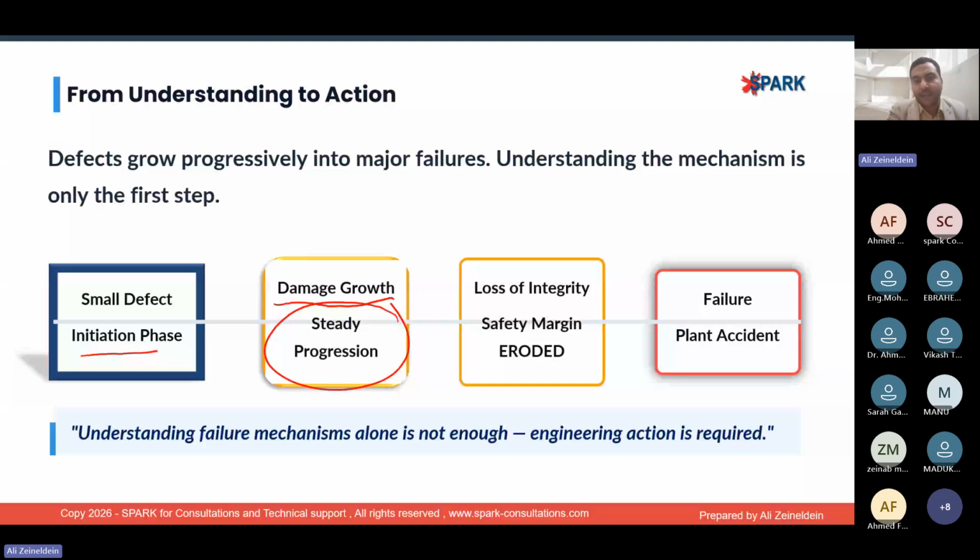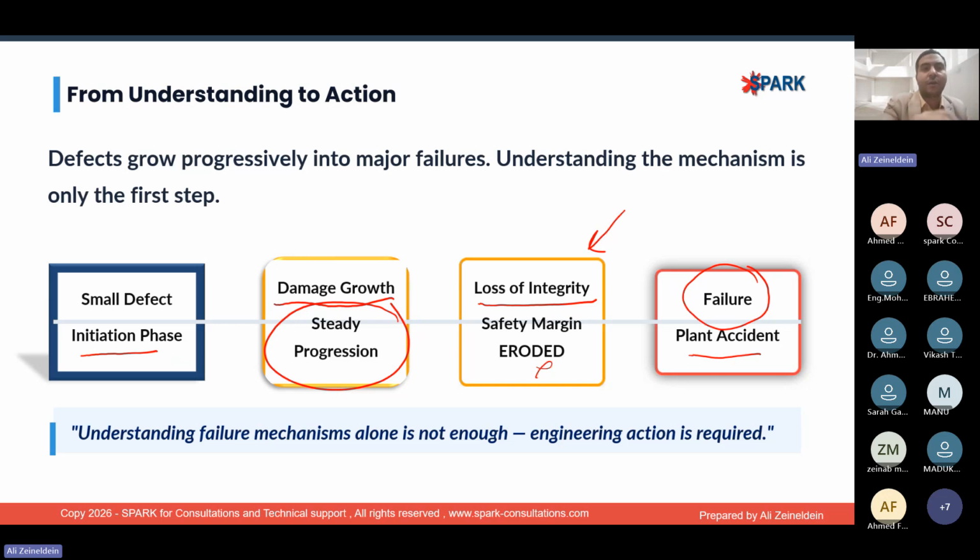Then the failure comes later, but there are some signs of failure, for example, loss of integrity and safety margin, for example this point eroded, and then finally failure or plant accident. This chain explains the path from small defects to failure or plant accident.